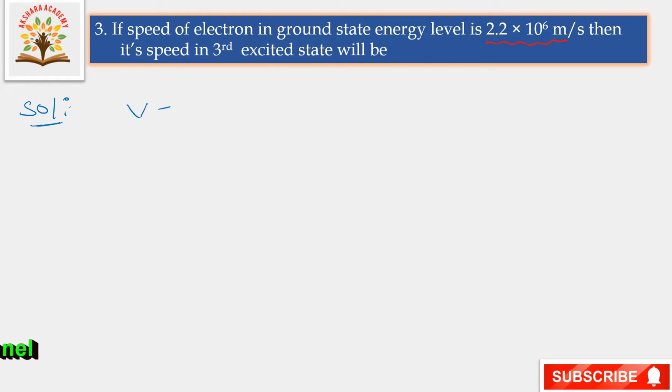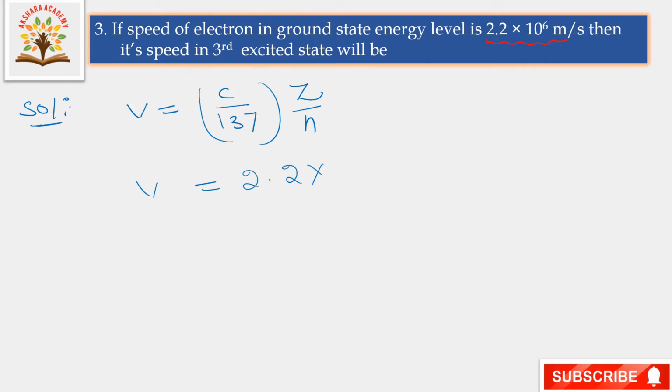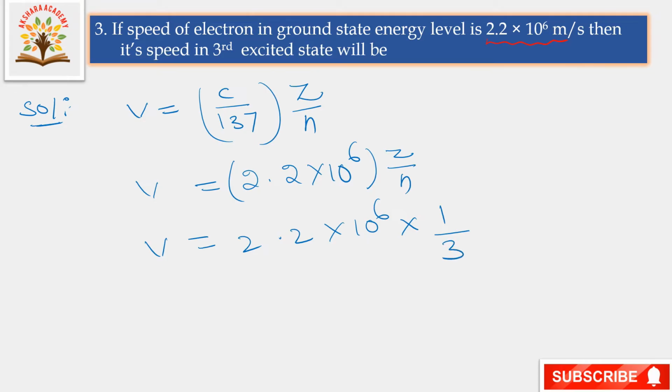V, the speed of electron, is equal to C by 137 into Z by N. So V is equal to, they have given, 2.2 into 10 to the power of 6 into Z by N. V is equal to 2.2 into 10 to the power of 6 into Z, which is 1, and N they have given as third excited state.